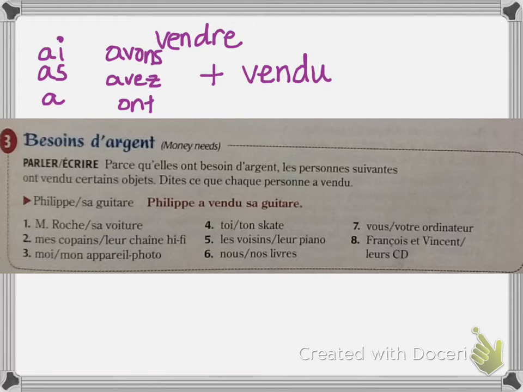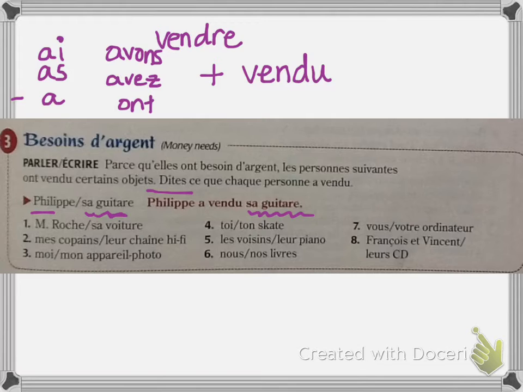So our example, we have Philippe and sa guitare. Okay, and so it becomes Philippe a vendu sa guitare. A, because Philippe is like saying he or she, so it's this form. And vendu will stay the same every time. So again, I'd like you to say these. I will give you a chance to say the sentence, and then you will hear me say it for confirmation.